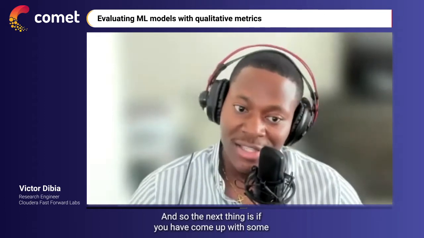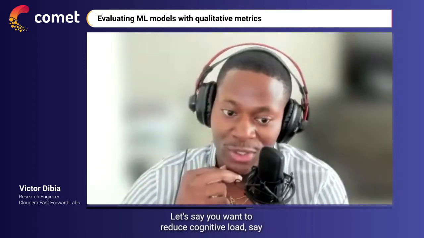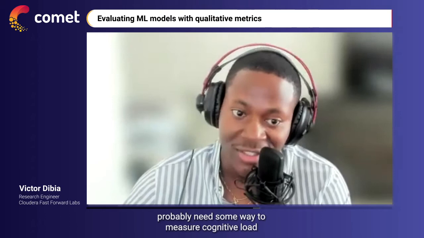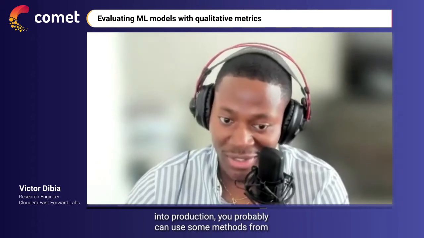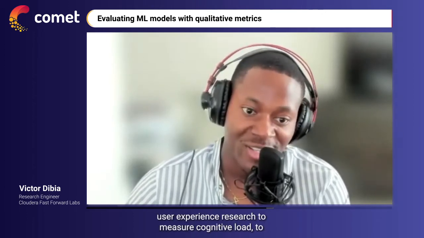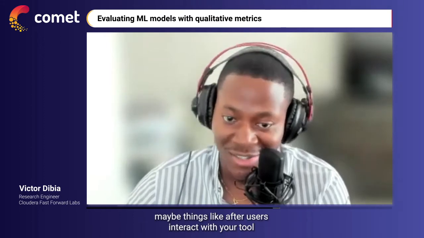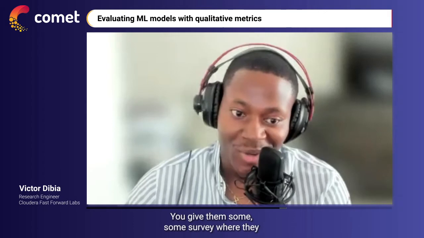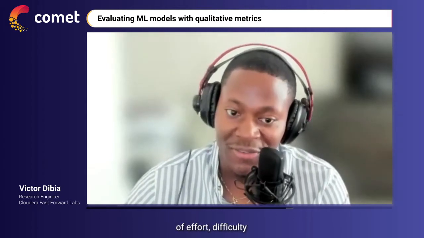The next thing is, if you have come up with some sort of user experience metric, let's say you want to reduce cognitive load, you probably need some way to measure cognitive load. After you build your model, train it, and put it into production, you can use some methods from user experience research to measure it. It might be things like, after users interact with your tool, you give them a survey where they give self-reported measures of effort or difficulty.